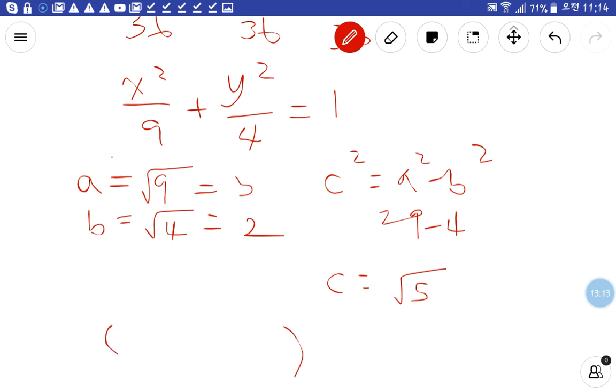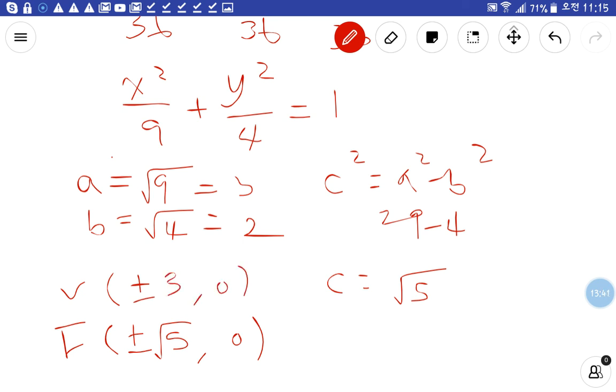Your major axis is the x-axis, so you put plus or negative c comma 0. Okay, now vertex. This is my foci, and this is my vertex. Vertex is a comma 0 and negative a comma 0, which is your major axis. So plus or negative 3 comma 0.